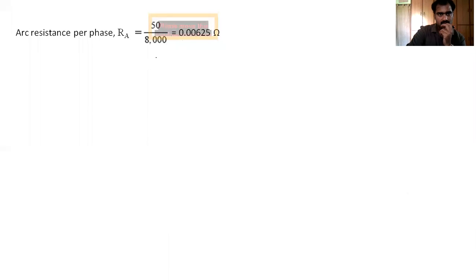So V by I, 50 by 8000, we got 0.00625. Please check the value. Have you got it or not?